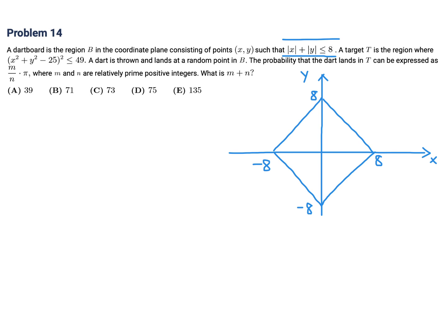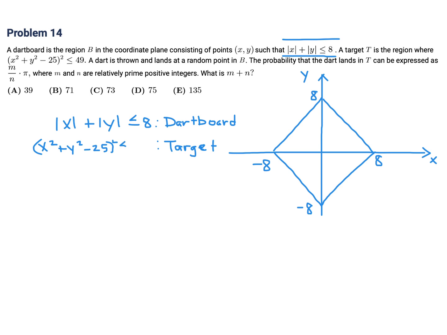Let's just put it over here. So this is the dartboard. And then we have the target. And the target is a different inequality. It's x squared plus y squared minus 25, all squared, is less than or equal to 49.